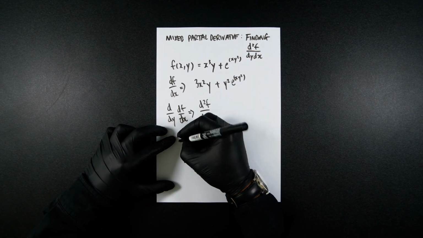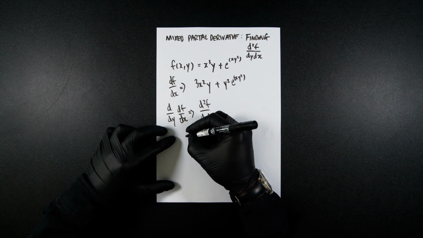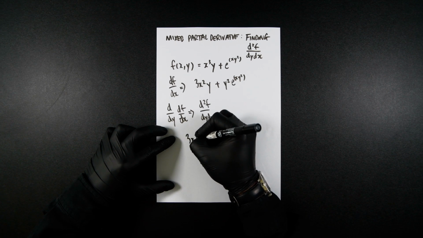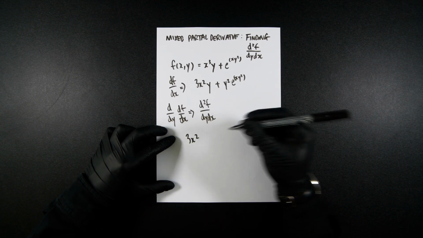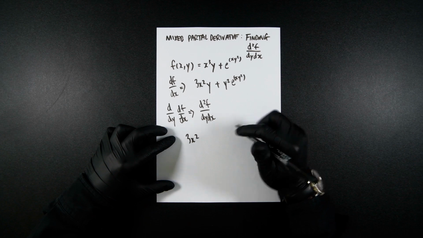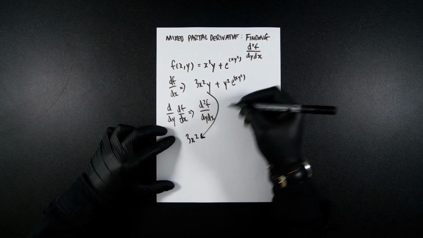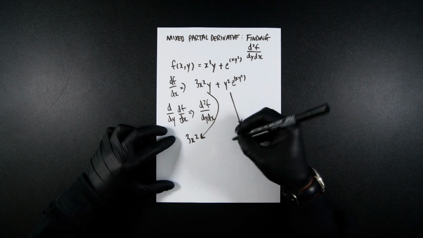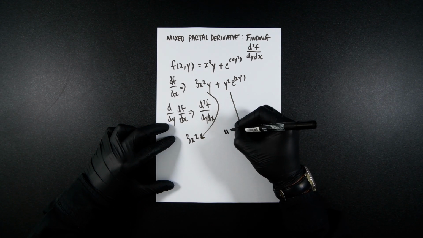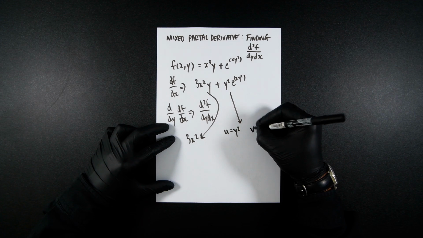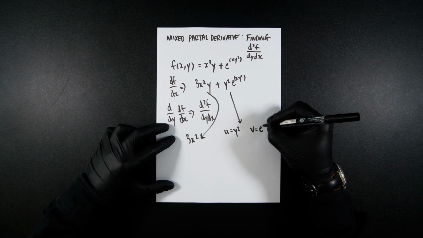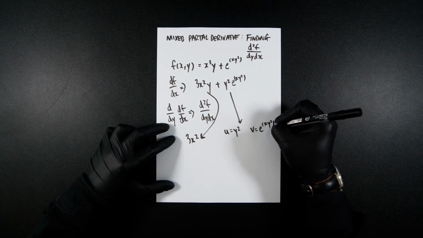So this first part is going to be 3x squared. And then the second part, we're going to have to use the product rule on. So this is differentiated, and this, let's now use the product rule. So let u equal y squared, and let v equal e to the xy squared.